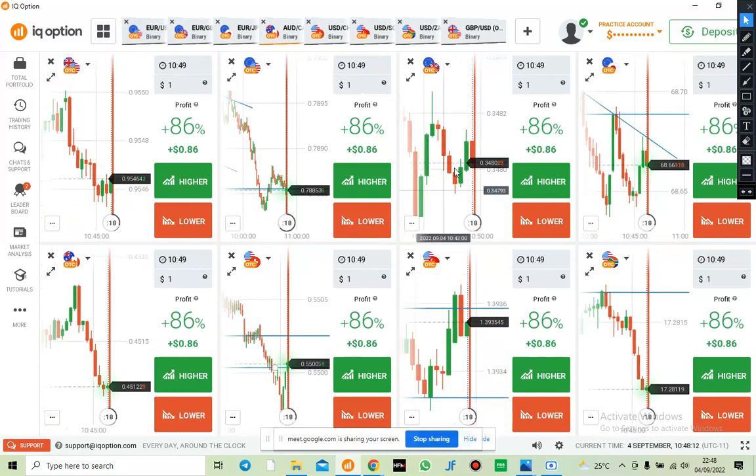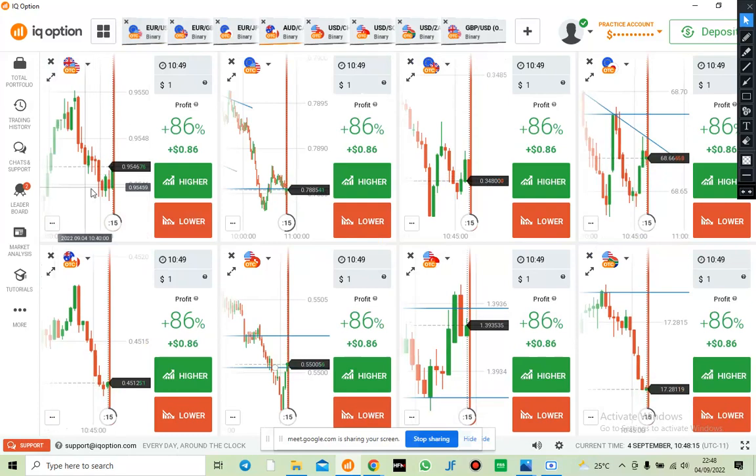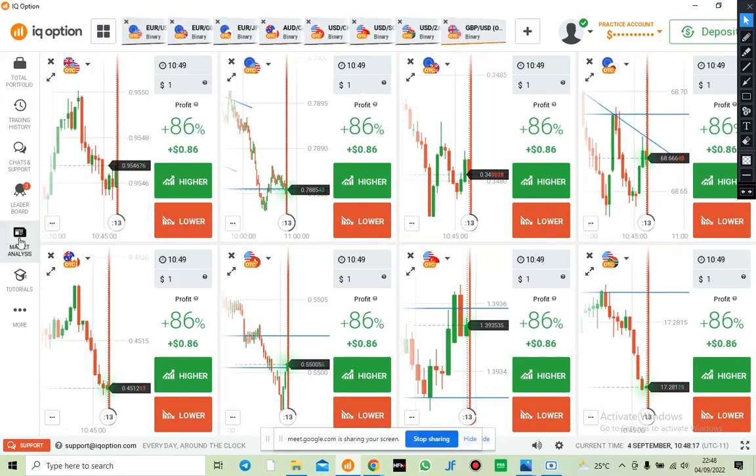I'm going to stop now because I don't see the pattern that formed every time the market always. Okay, I see something here.